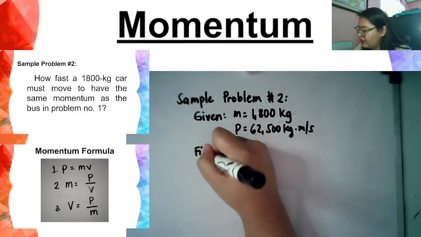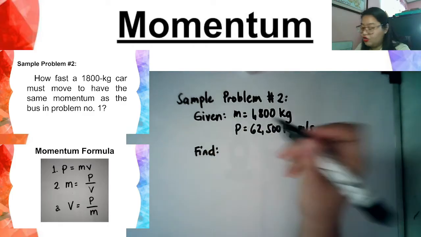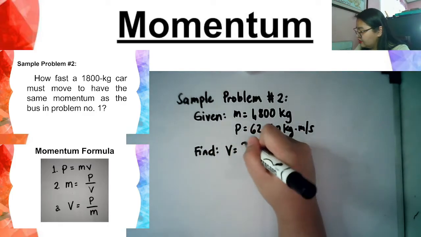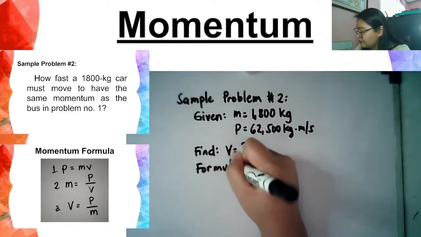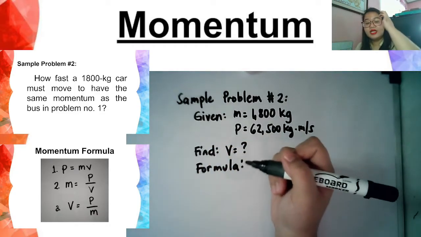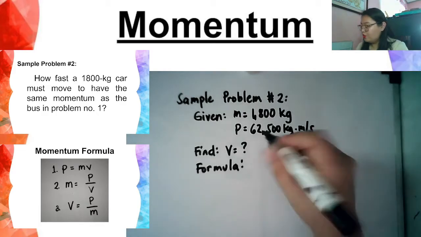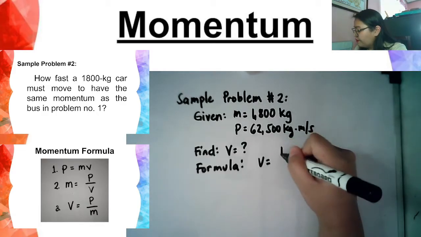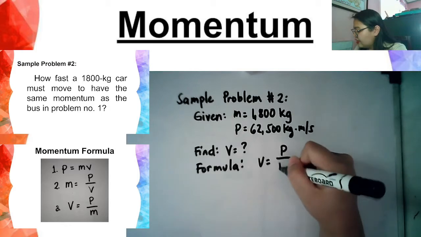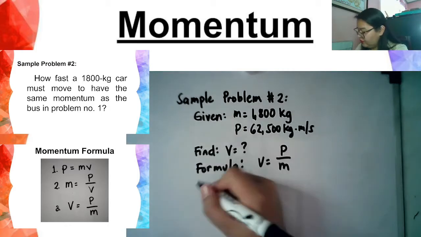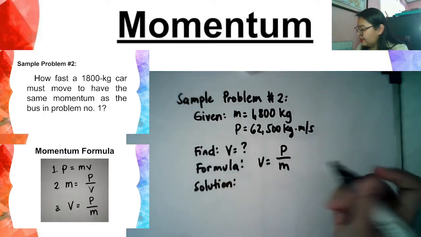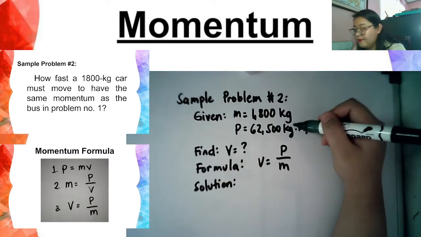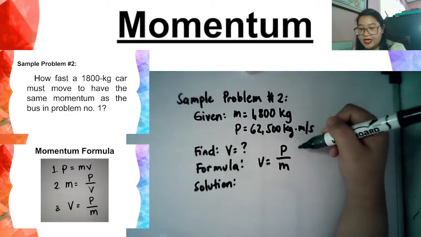Now, we need to find for the velocity. So we have here v, okay, and then the formula. So we will be using formula number 3, which is v is equal to p, or the momentum, divided by the mass. Okay? Now, for the solution, so i-substitute lang natin kasi pareho namang momentum and mass ay nasa given.